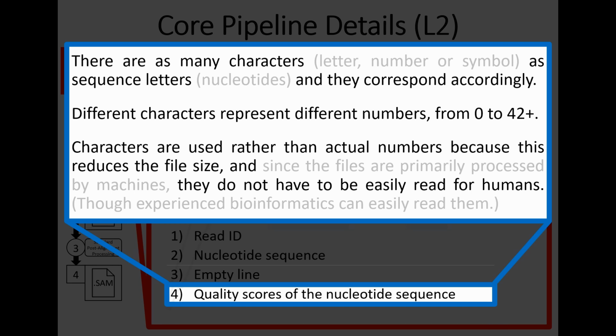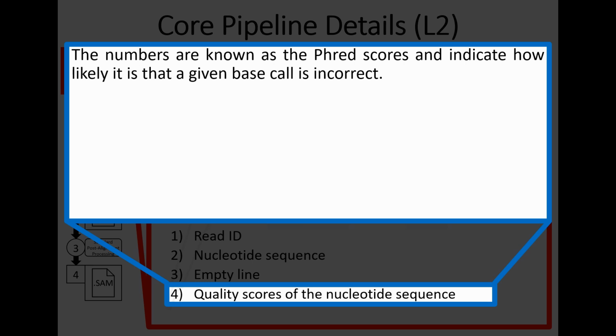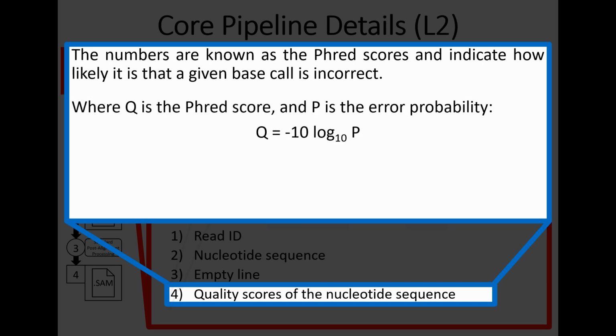So each character represents a number, but what do those numbers mean? The quality score numbers are known as Phred Scores, and they indicate how likely it is that a given base call is incorrect. In most cases, Phred Scores are calculated using the formula Q = -10 × log P, where Q is the Phred score, P is the probability of the call being incorrect, and log is in base 10.